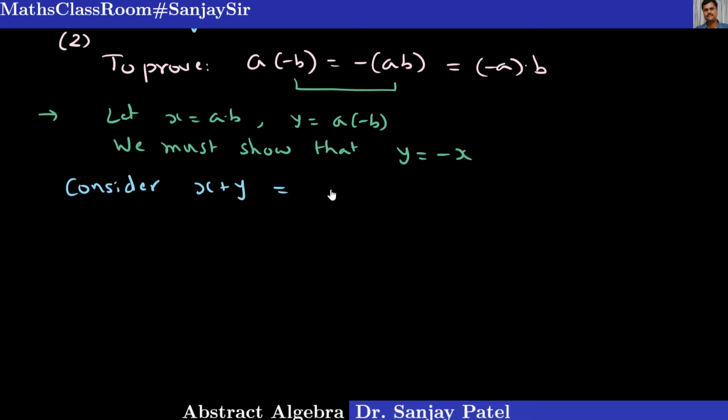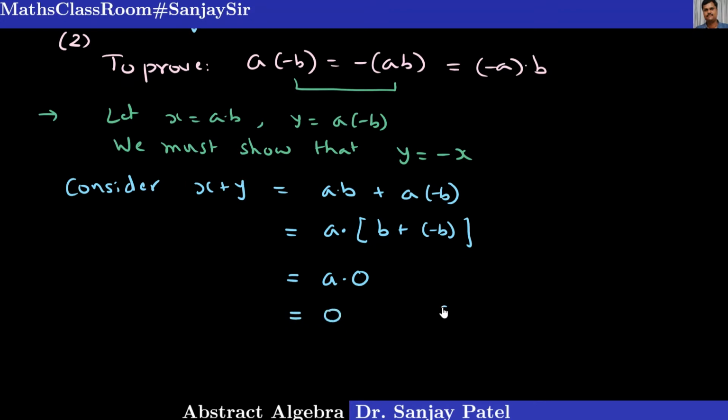X plus Y, that is AB plus A into minus B. This I can write using the left distributive law as A into (B plus minus B). So this is equal to A into 0 because B plus minus B is 0, B and minus B being negatives of each other. And A into 0 we have proved in result 1 is always 0 in any ring.